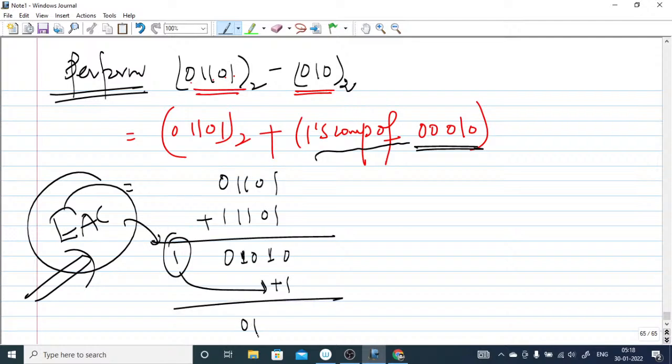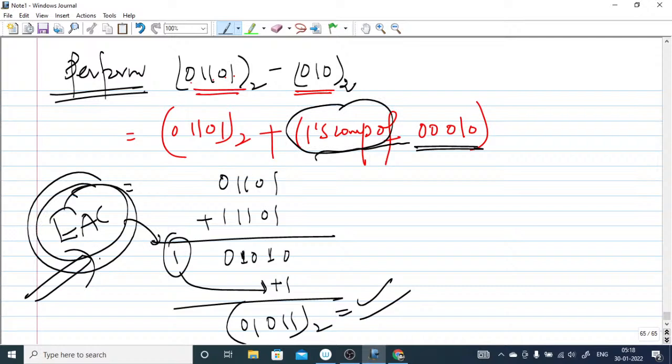This will give you the exact answer. So whenever you are subtracting with the help of 1's complement and any carry occurs, you have to add that one again to the result in order to get the correct result. This is the EAC concept.